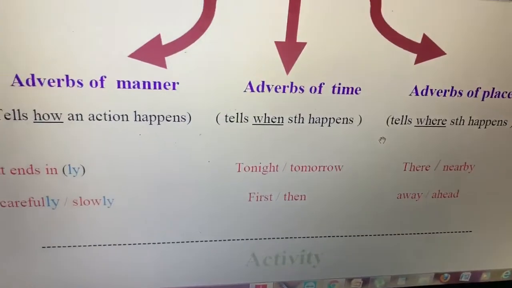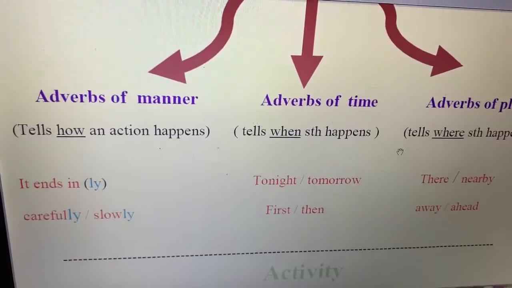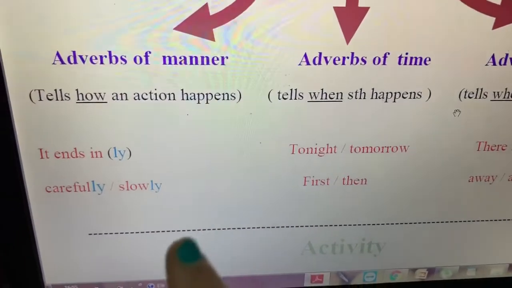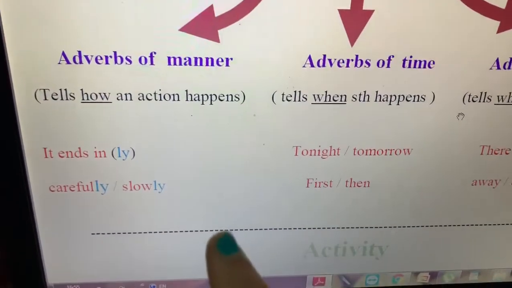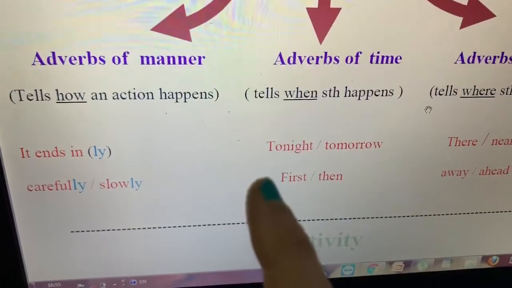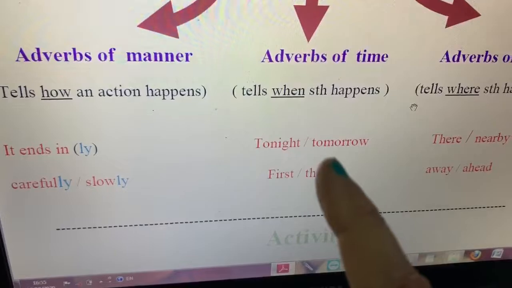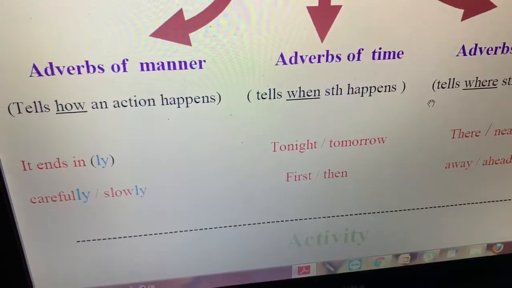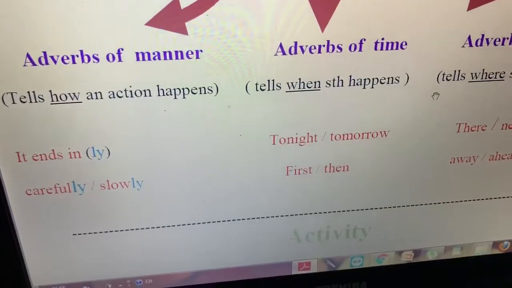Look at these examples here. Adverbs of manner, okay, tell how an action happens. Like the example that I gave you, how did Ahmed write his paragraph? Ahmed wrote his paragraph nicely.